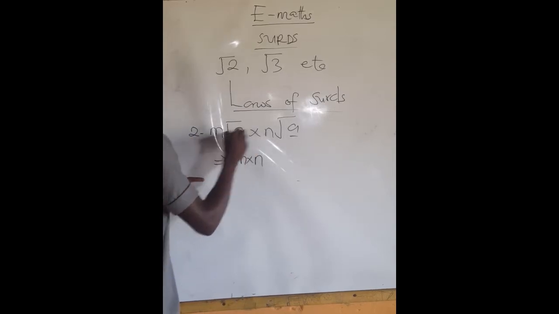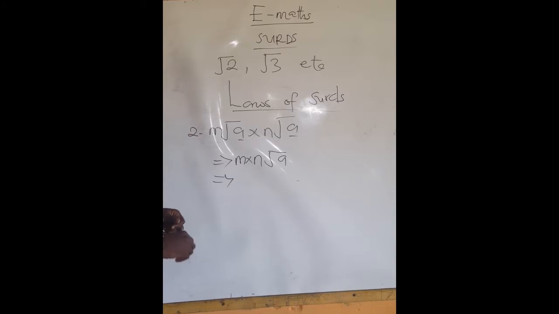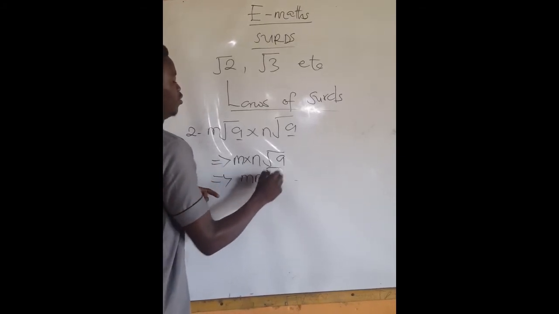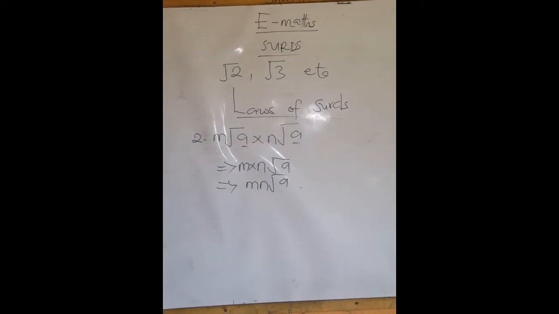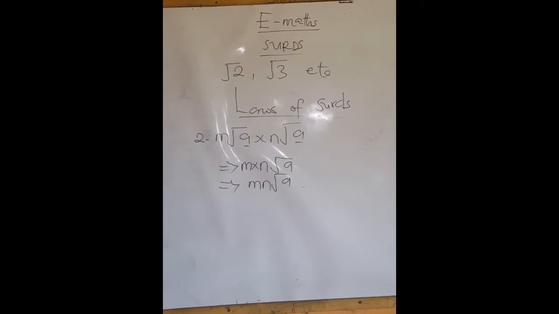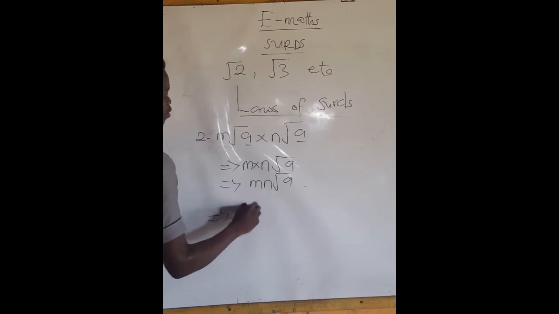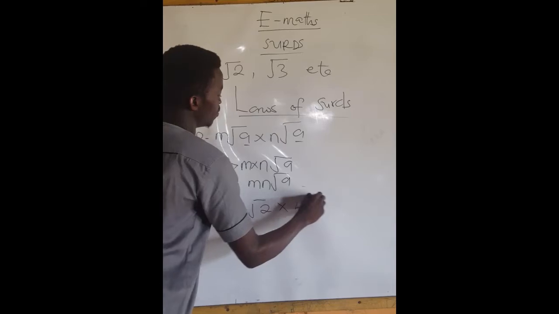Then you pick one of the square roots, with a. We know m times n gives mn. Then you get root a. So m root a times n root a will give us mn root a. Let's take 3 root 2 multiplying 4 root 2.